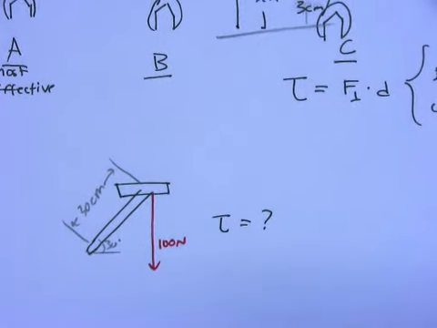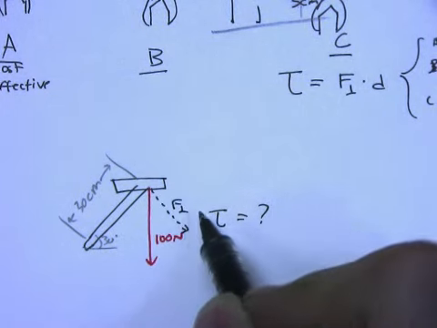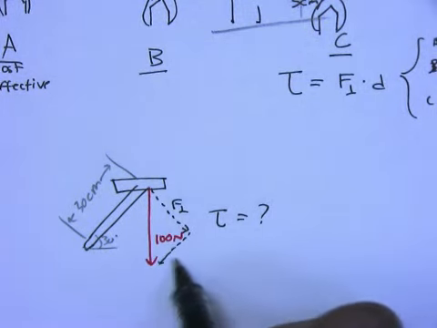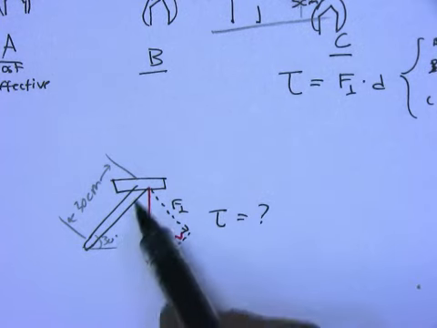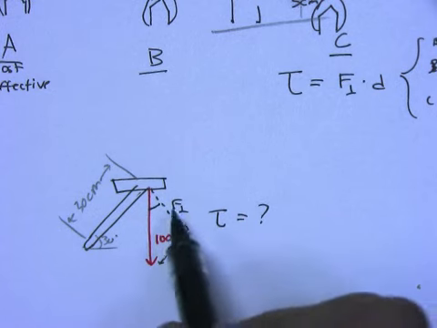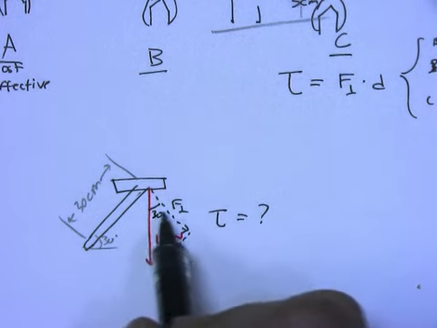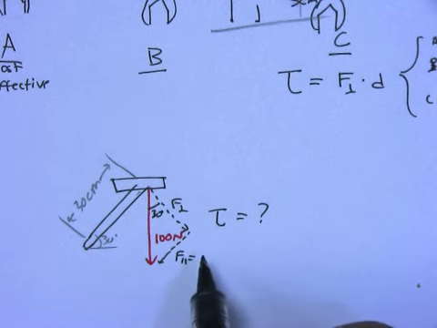Well, what we need to do is find the force perpendicular to the lever arm. This is the lever arm right here. So I'm going to borrow from our inclined plane chapter and know that this angle is 30 degrees. So this one is going to be half of that using my secret ninja method, so that's going to be 50.